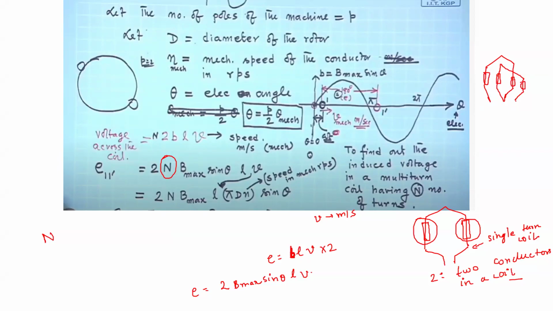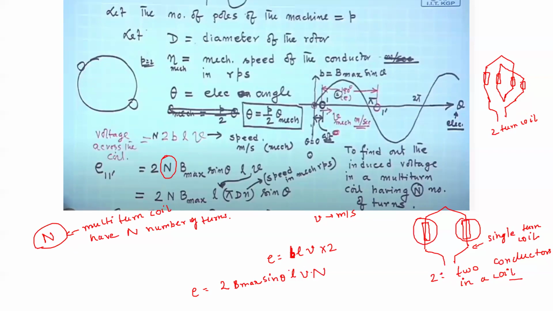So for a multi-turn coil having capital N number of turns, we have to multiply by capital N also. So this is the expression of your EMF.